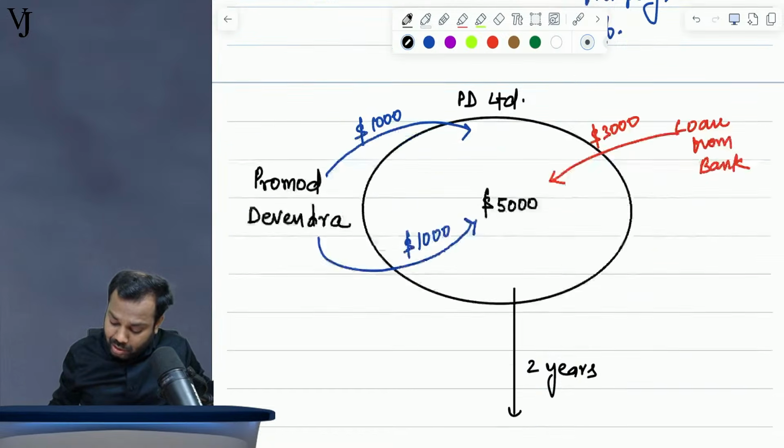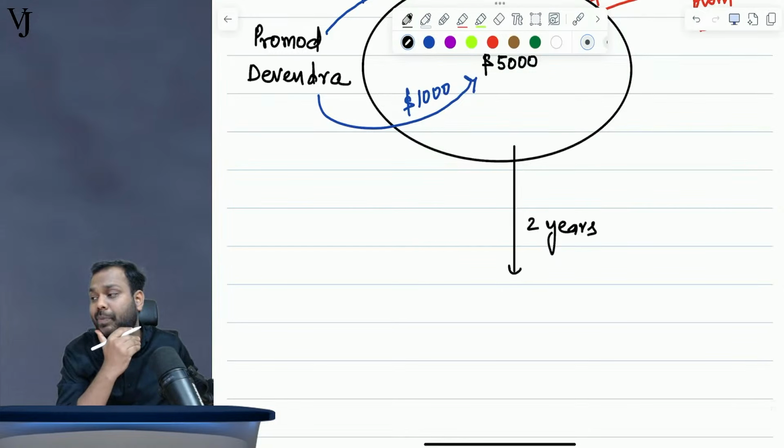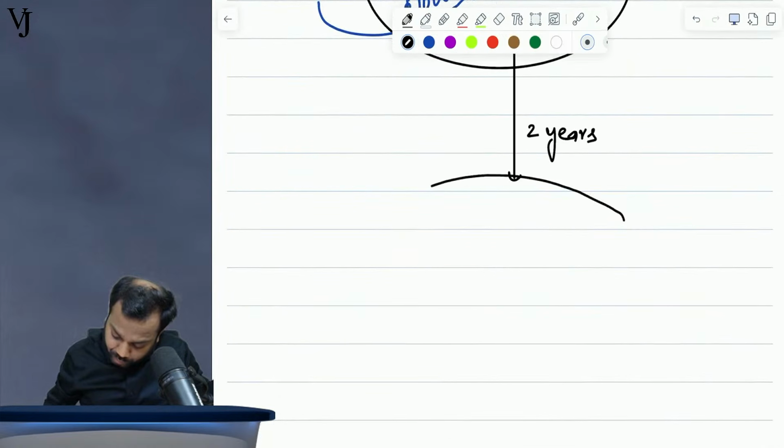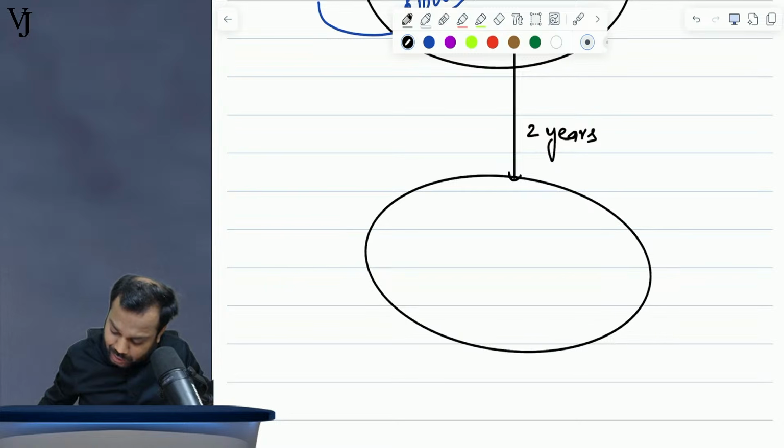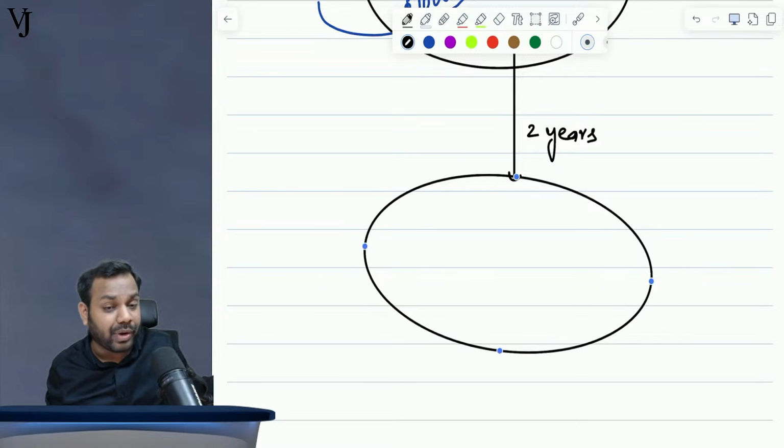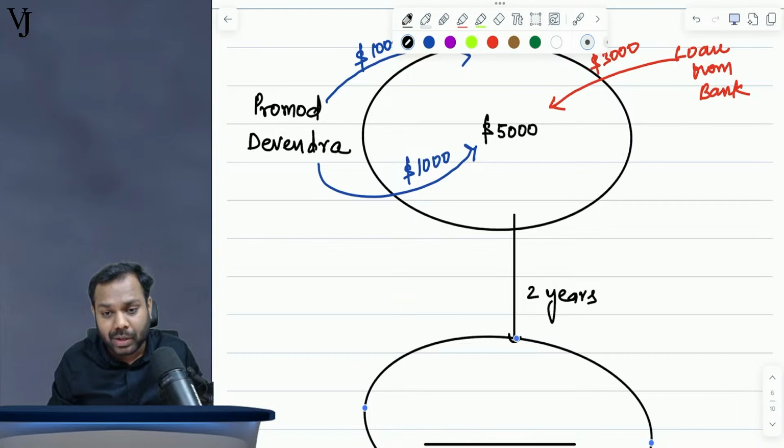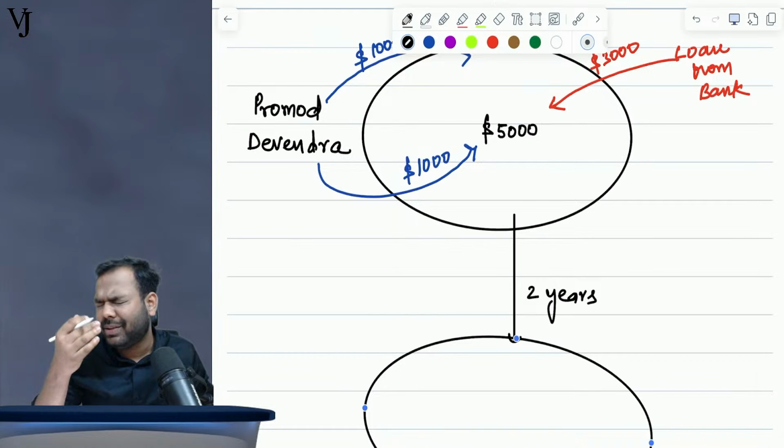Now while winding up, since there were a lot of differences between Pramod and Devendra, the business was not running smoothly, and they incurred significant losses.